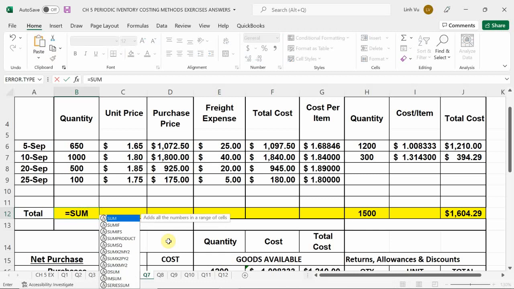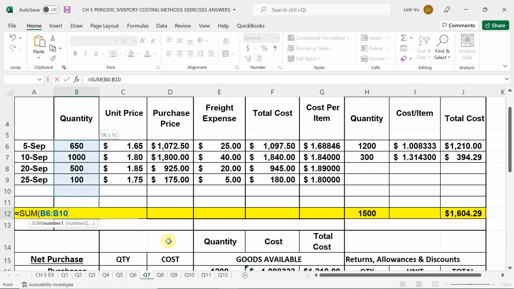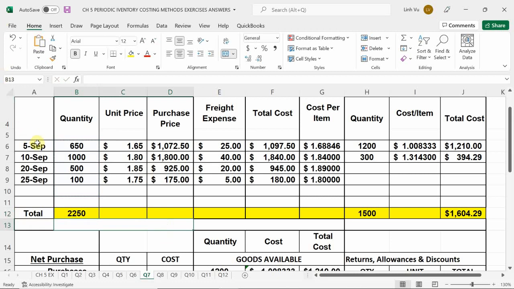Okay. So starting with my net purchases, right? How many items did I buy? Yeah, I got 2,250. Right? 1,000 plus 500 plus 100, 600. Yeah, 2,250. No worries. All right.